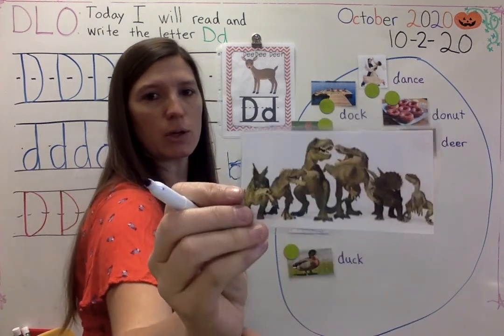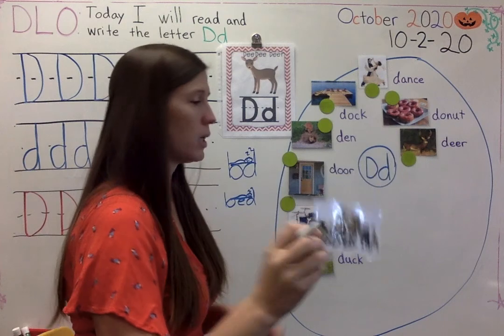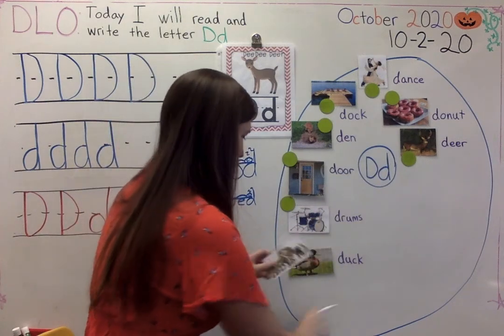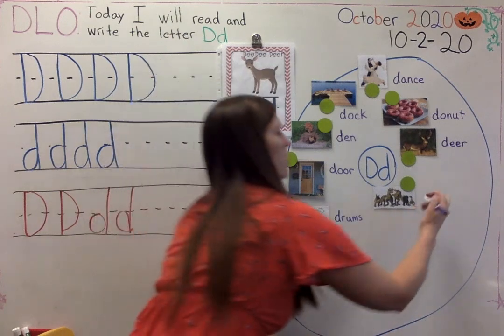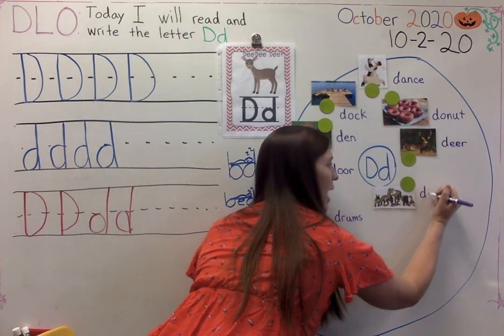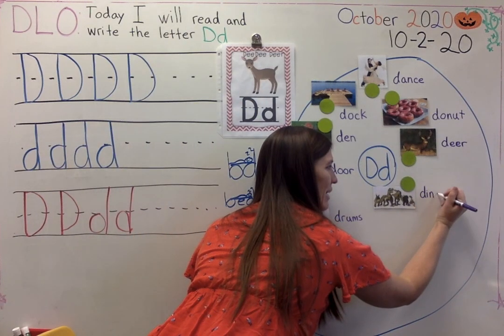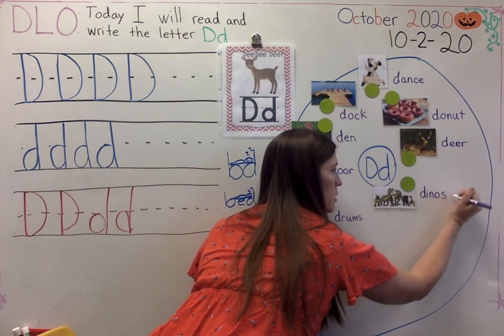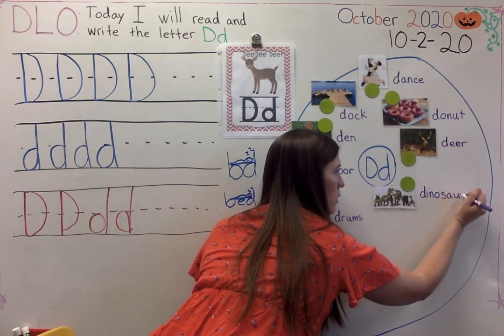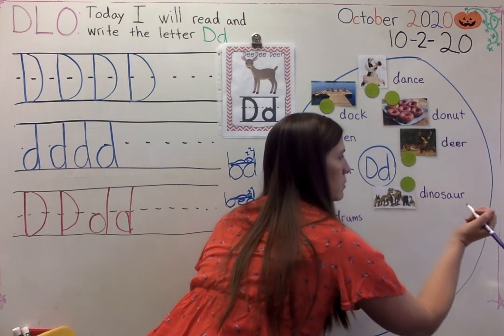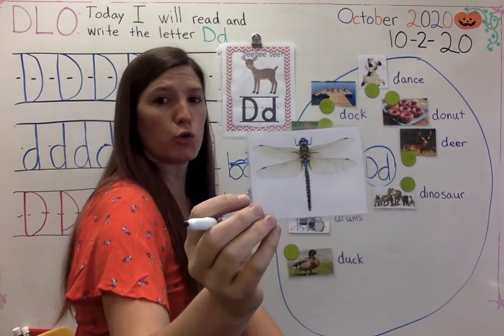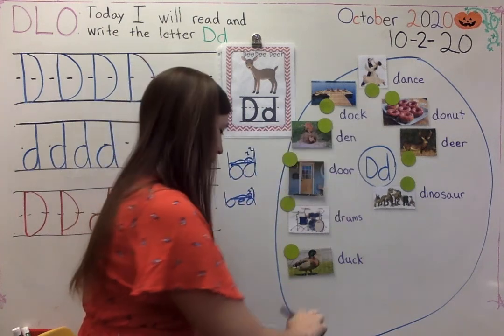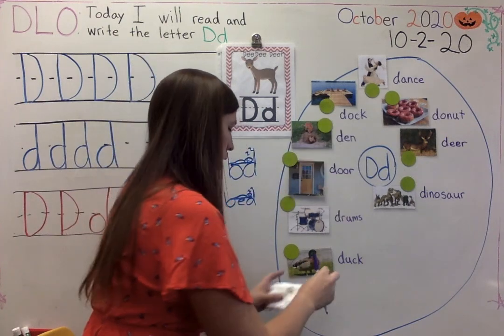What are these animals called? Dinosaur. D, D, dinosaur. It's a long word. D-I-N-O-S-A-U-R. Dinosaur. Dragonfly. That's another R blend.